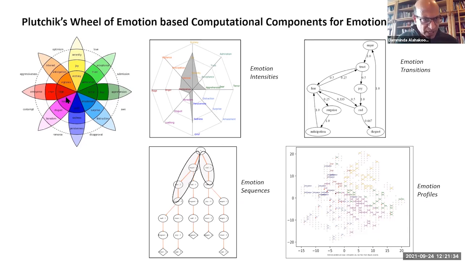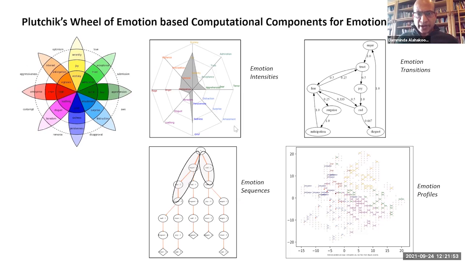If you see closely, I'm not sure whether you can see it, this provides 8 key emotions, and for each emotion there are 3 levels, based on the varying intensity within these emotions.